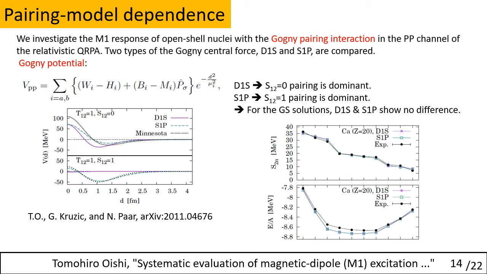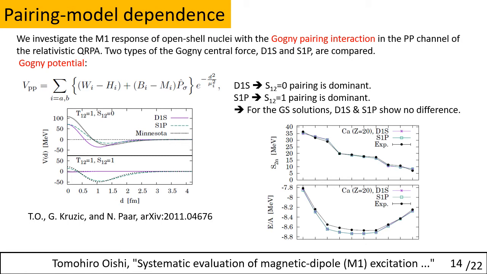From this potential curve, one can see that the D1S interaction mainly supports the S0 pairing, whereas the D1P interaction mainly invokes the spin triplet pairing by its strong attraction in the S1 channel.